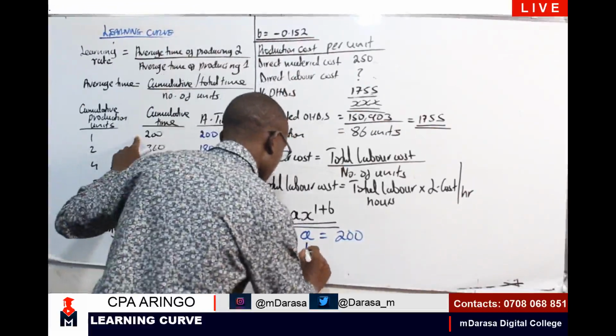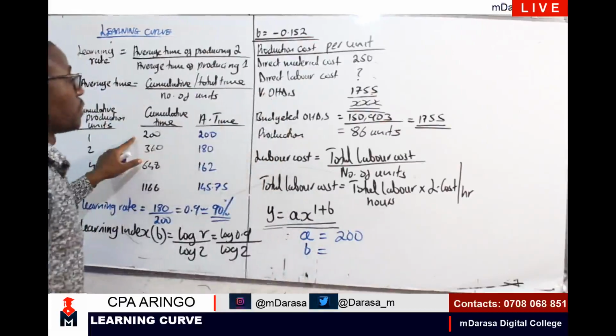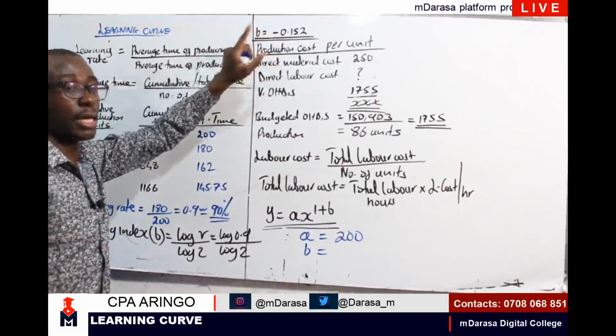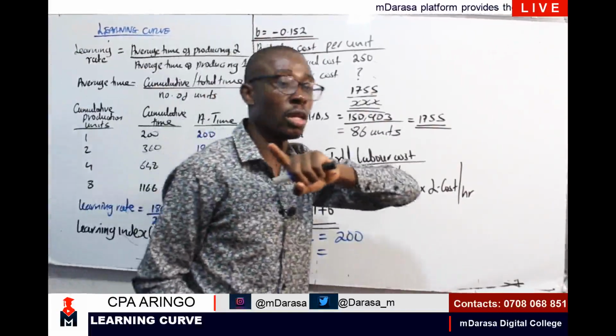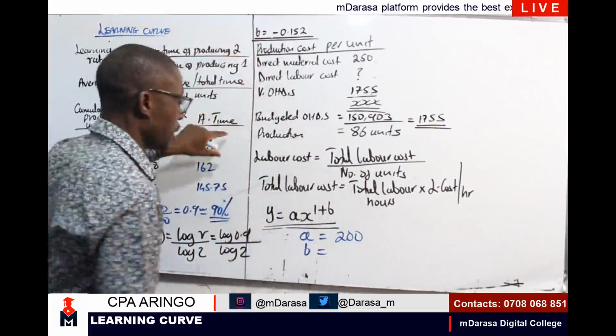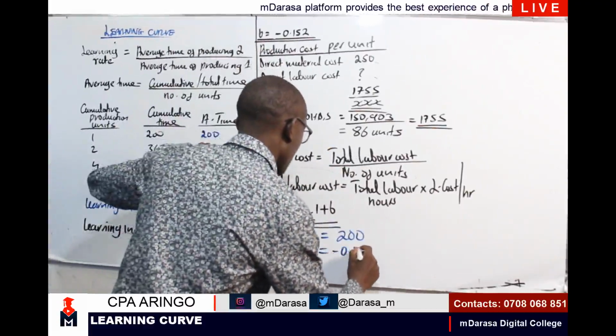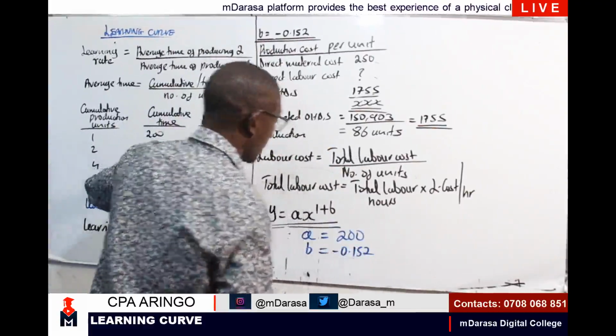B, my learning index. Already, we have determined our B, our learning index, which we had calculated. And I do believe that you still recall how we had computed that one, right? So I'm having negative 0.152. That is our learning index.